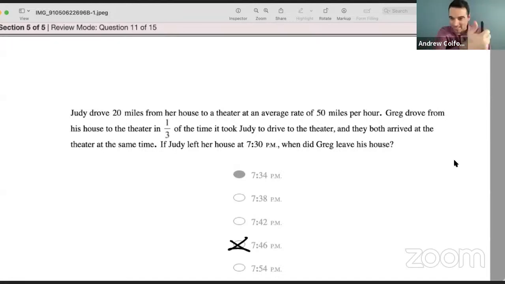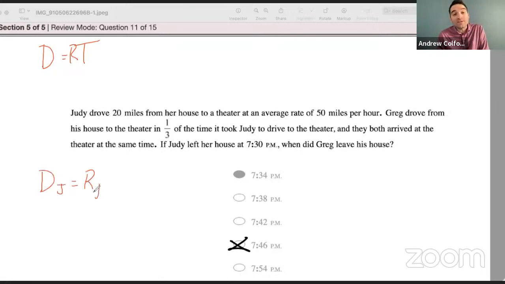Immediately, I see distances, I see speed, and I see time. So I jot down for myself distance equals rate times time. And because I'm dealing with two characters, I might say distance Judy equals rate Judy times time Judy, and distance Greg equals the rate of Greg times the time of Greg.